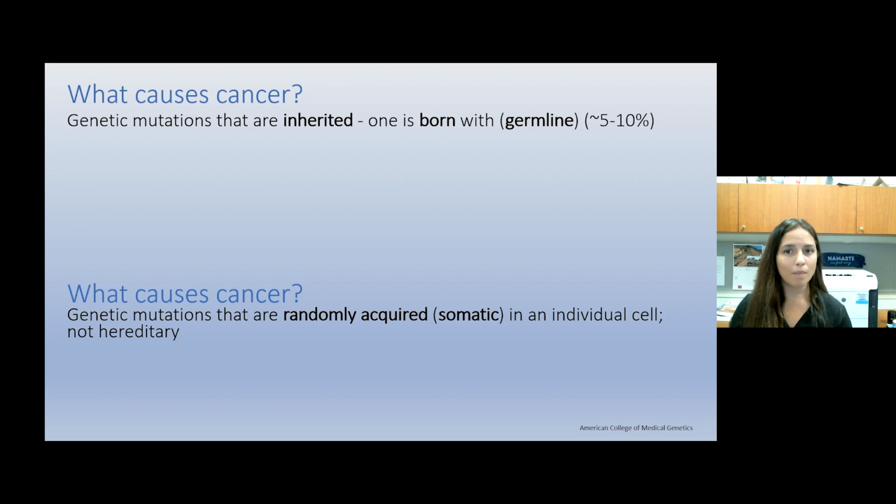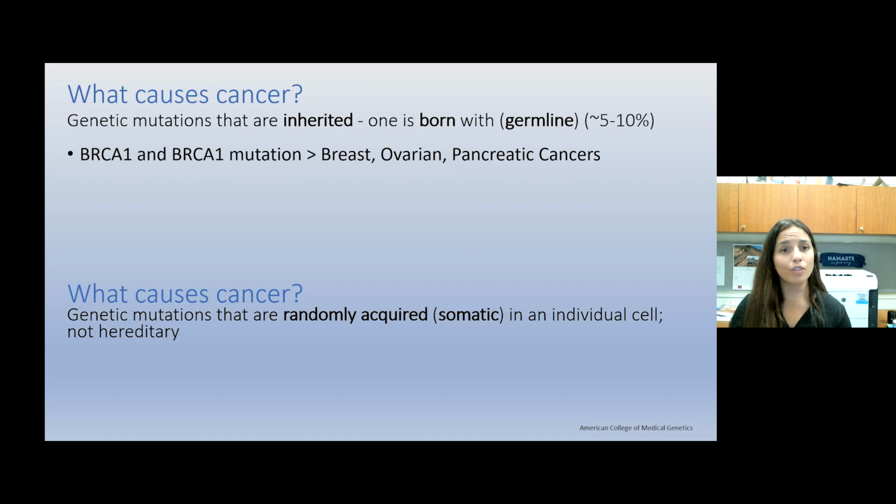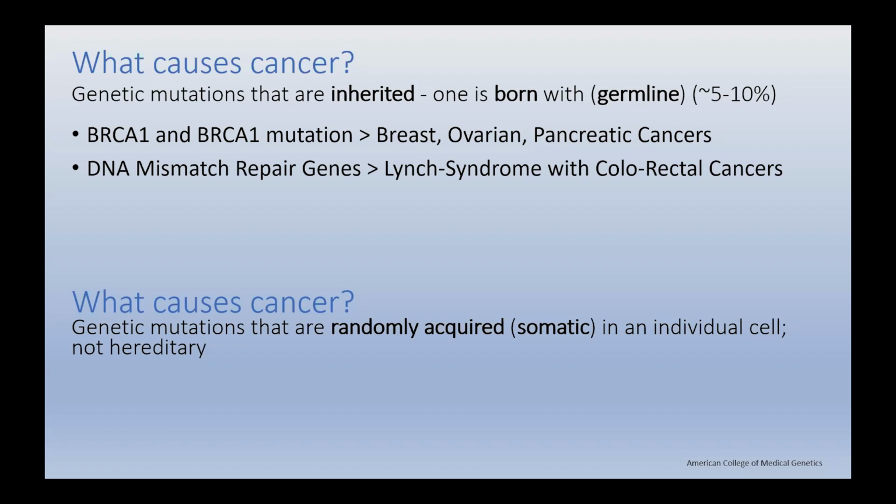But some of the more common types of inherited cancers include those associated with BRCA1 and BRCA2 mutations developing into breast, ovarian, and pancreatic cancers, DNA mismatch repair genes, which develop into Lynch syndrome and colorectal cancers, and a TP53 mutation, which is a very important tumor suppressor gene, and which can lead to the development of Li-Fraumeni syndrome.